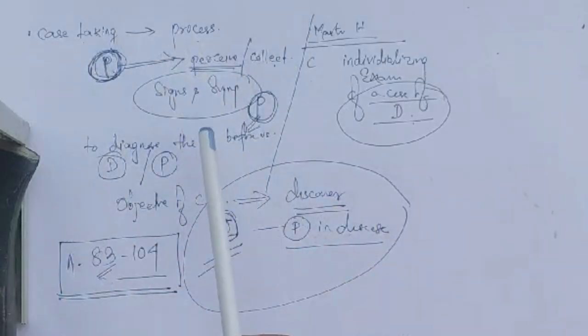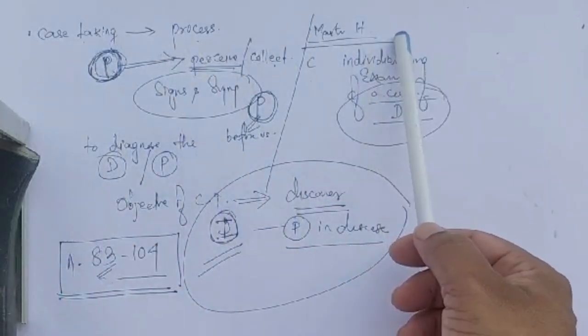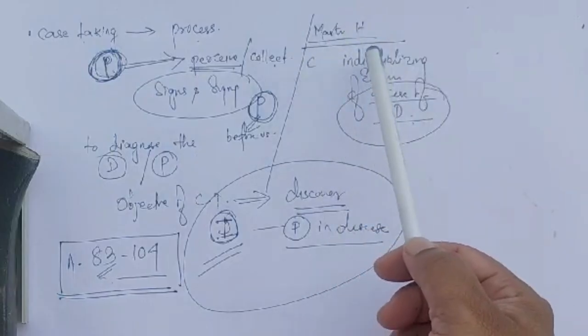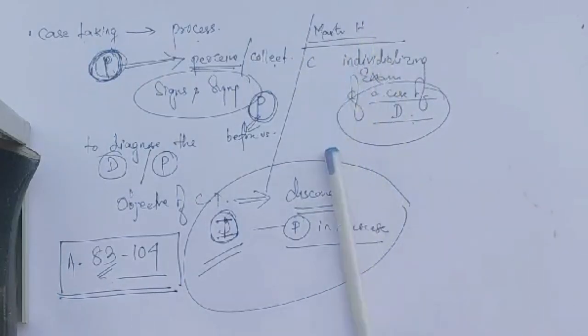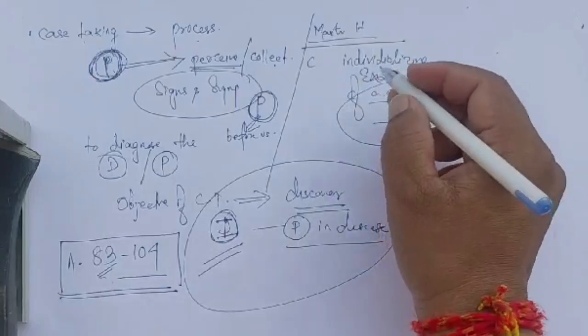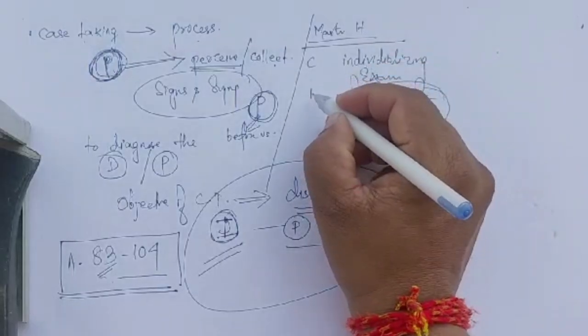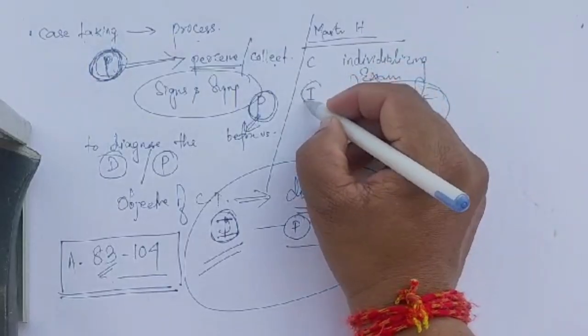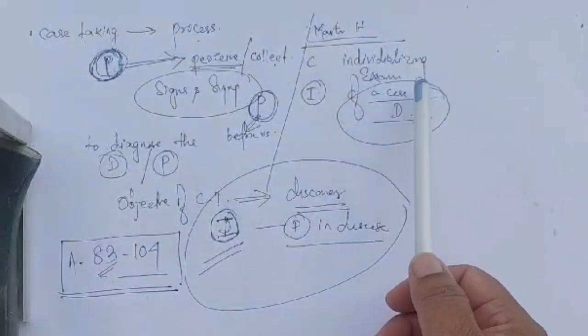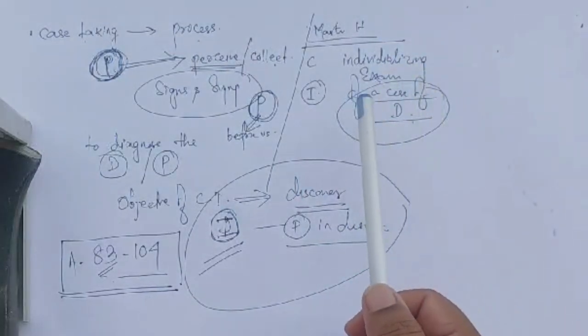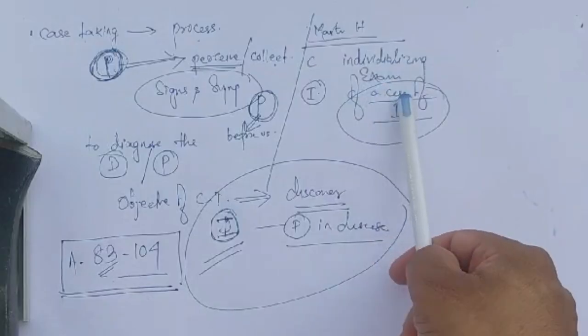Okay. According to our master Hahnemann, what is case taking? Case taking is the individualizing examination. Here also, individualizing examination is giving preference to I. Individualizing examination of whom? Of a case of a disease, not just a case.